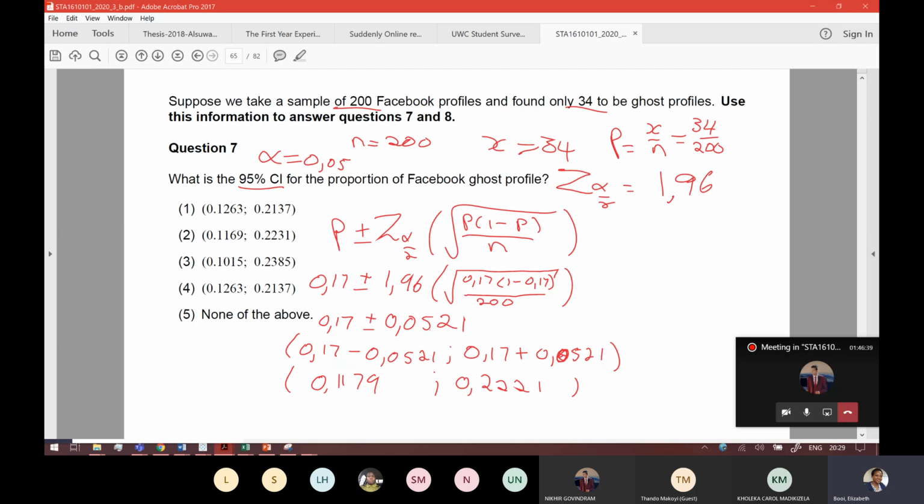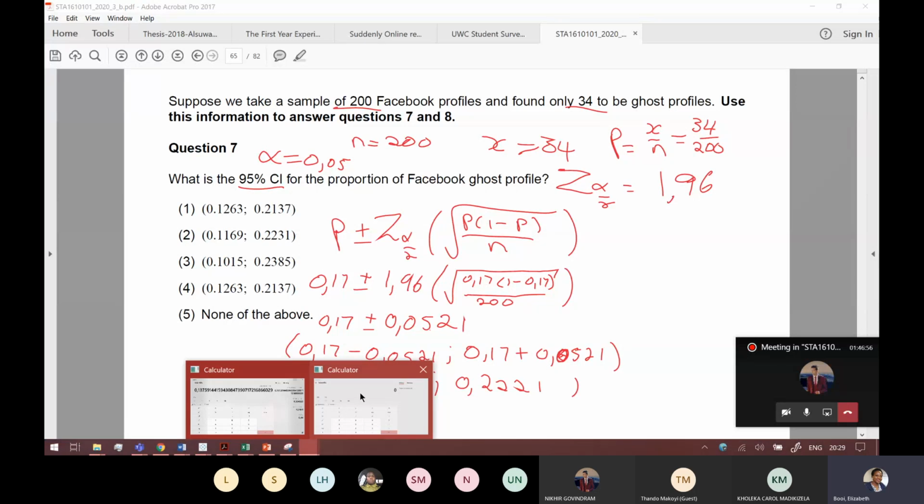And if you look there, you will choose none of the above because there is no answer that is exactly the same as the one that you have in front of you. So please make sure when you do the calculations, you keep all the decimals.